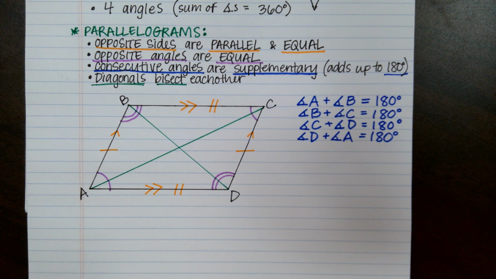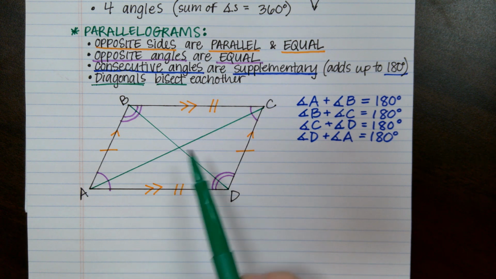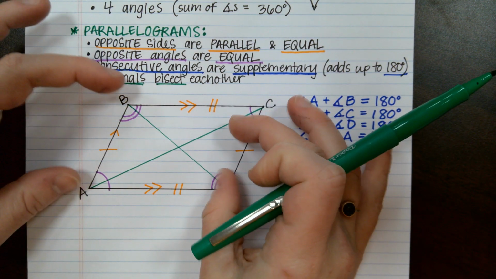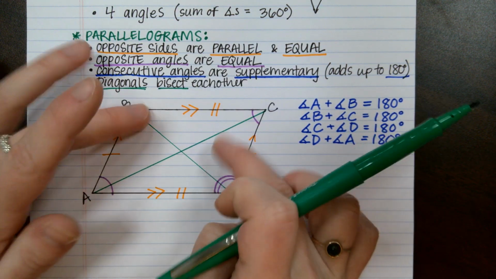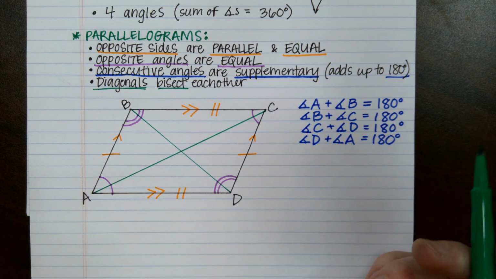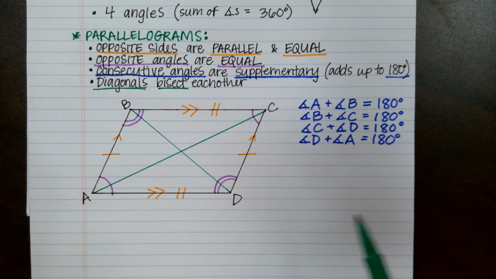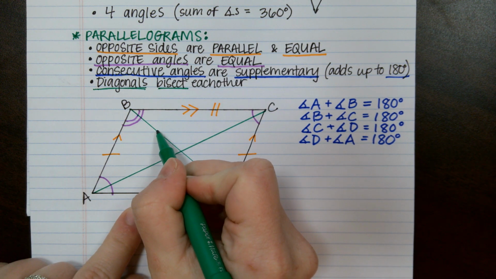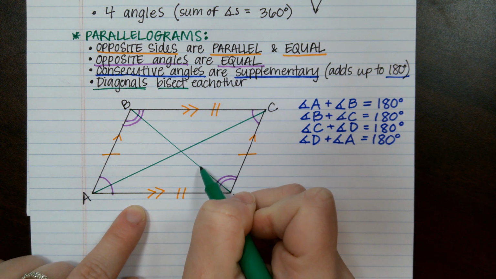They're equal, they're the same. So if these diagonals bisect each other, what do I know about the lengths of each of these little lines here? They're congruent, or equal. The pairs are going to be equal.